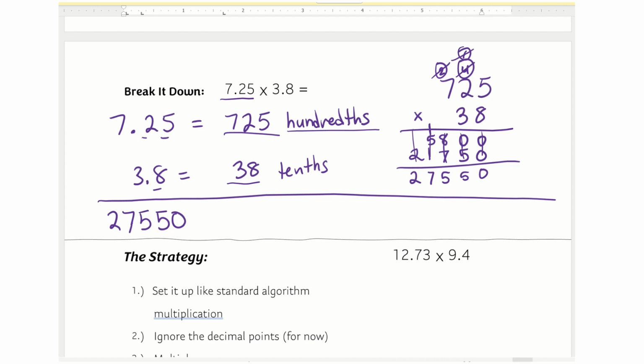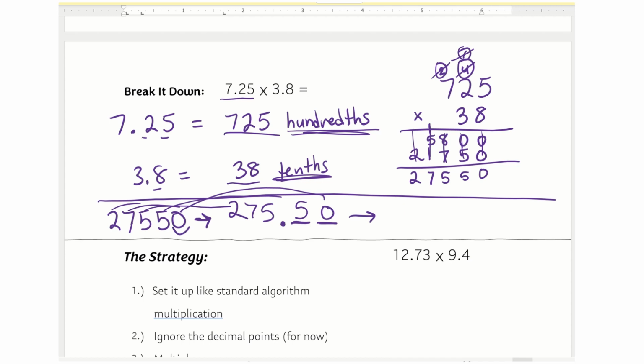Well, to do that, I'm going to think about my place value line. And I can put my decimal point, and I've got tenths and hundredths. So my 0 goes over here, and then I've got my 5, and then my 5, and my 7, and my 2. So now I applied the hundredths. I turned it into hundredths. But I also have to remember that I multiplied by tenths. So to do that, I want to move everything back another place value place.